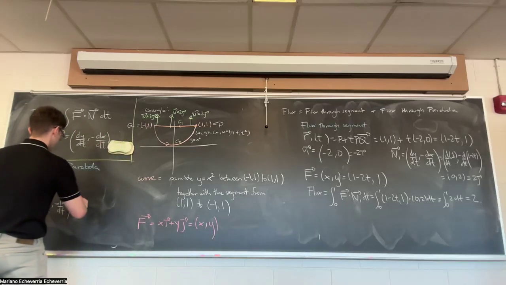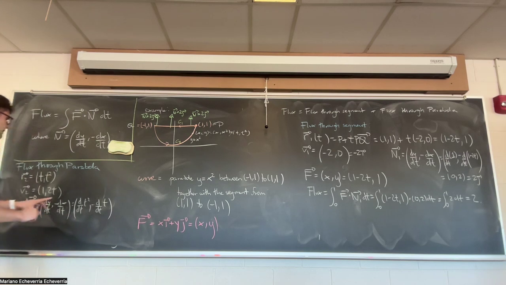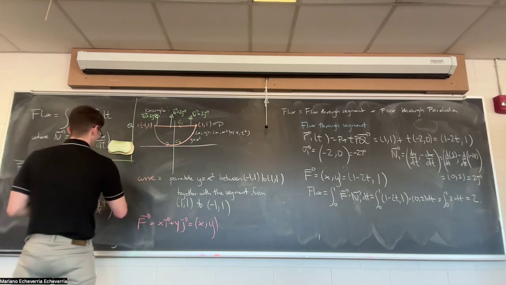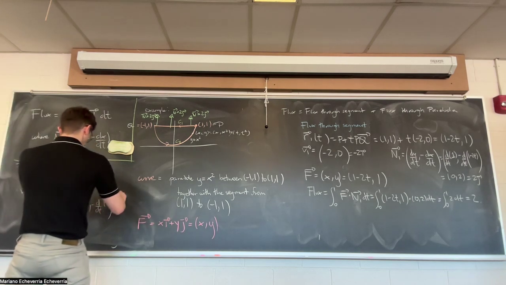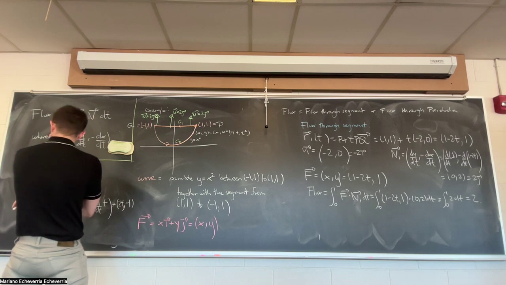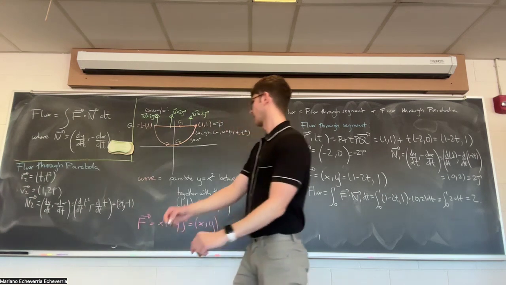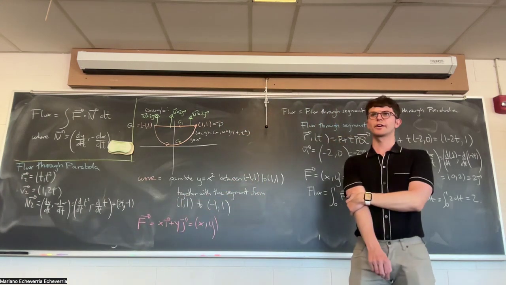The second entry is t squared and the first entry is t, so that gives you (2t, -1).